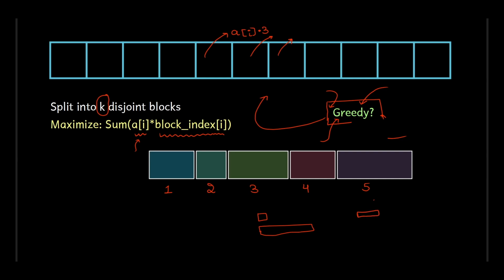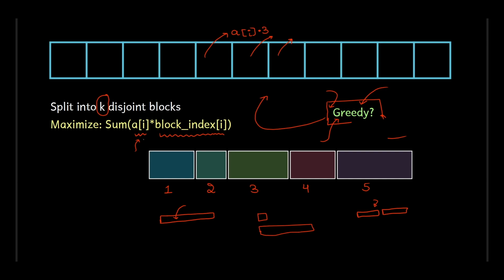But if it should stop in between, then where exactly to stop? Like, what is the greedy strategy? So you can notice that if you increase the size of the block, then you get more elements inside your block.